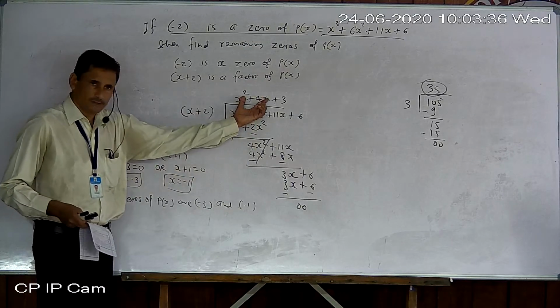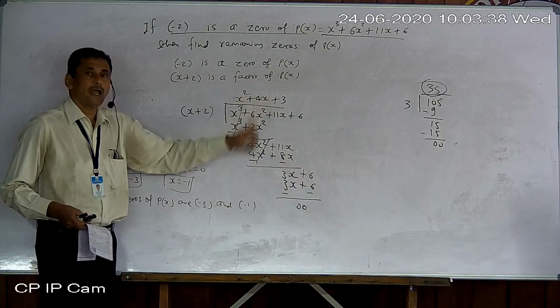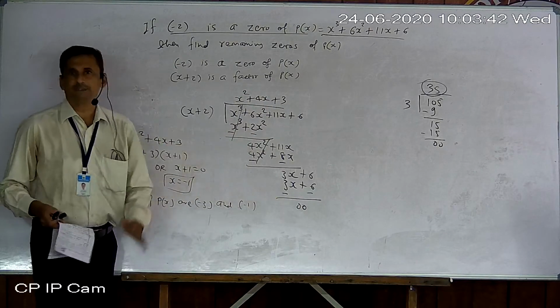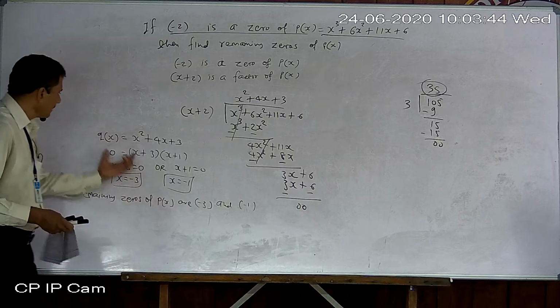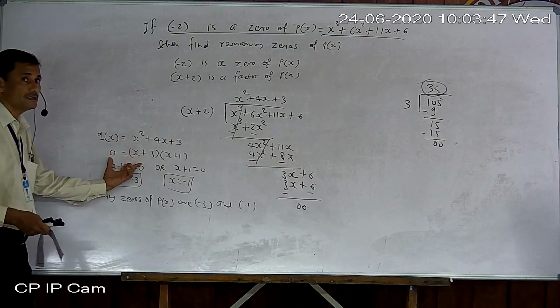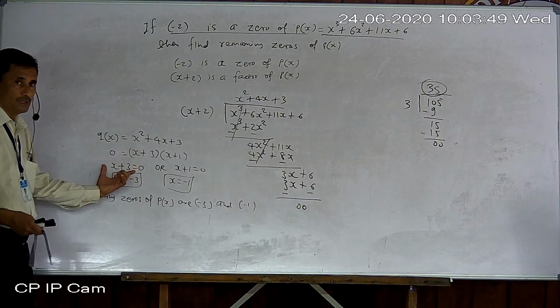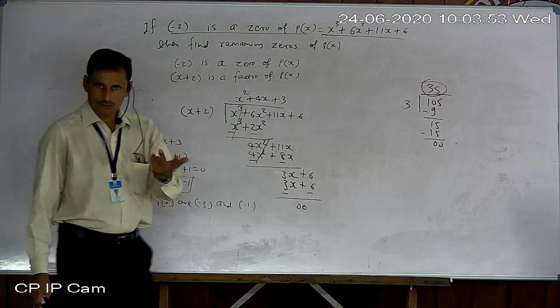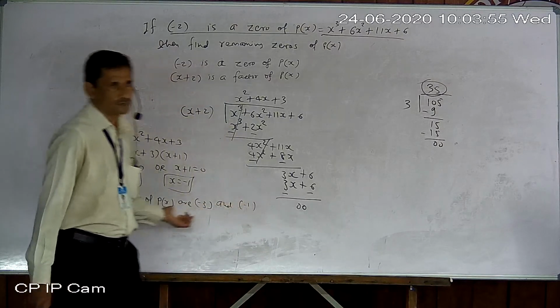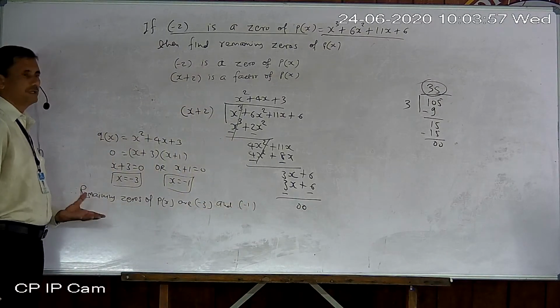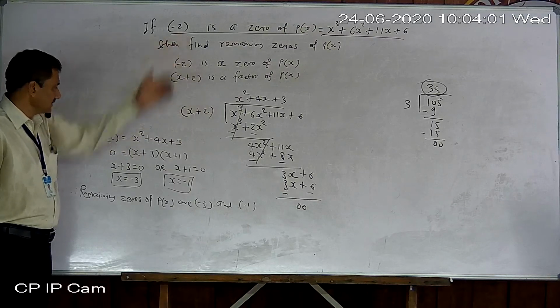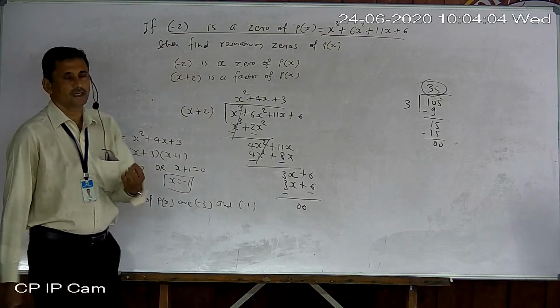So the remaining factors you will obtain at the quotient and the remainder will always be 0. Now just factorize that quotient polynomial and equate it with 0, so you will get the other 2 zeros also. Okay. So that is the way. So division is in between, one process is there, before something and after something, some steps are there.